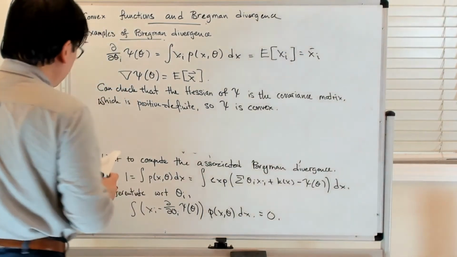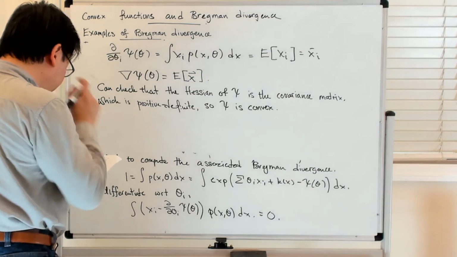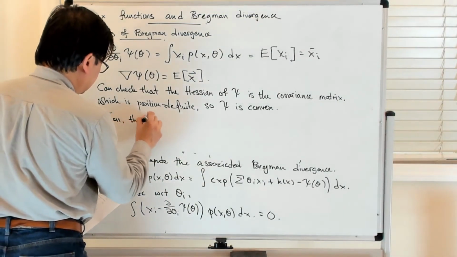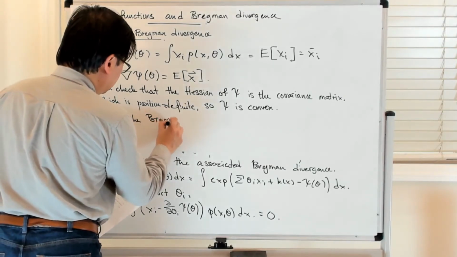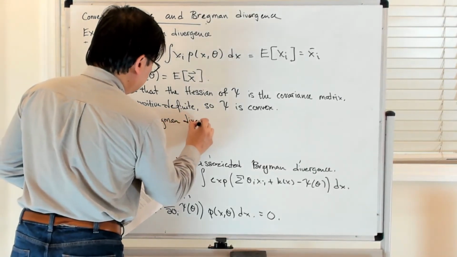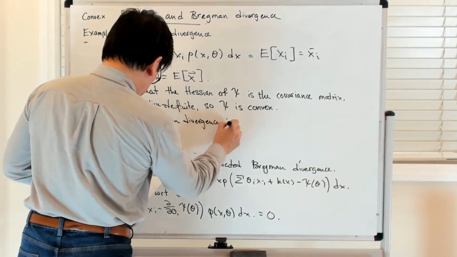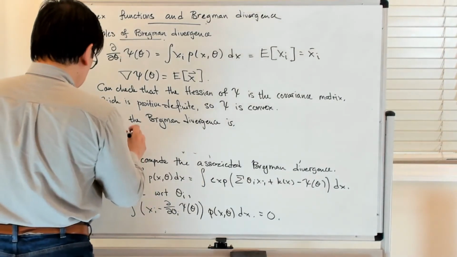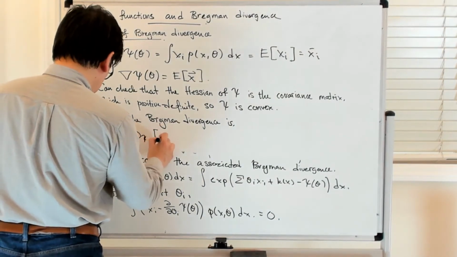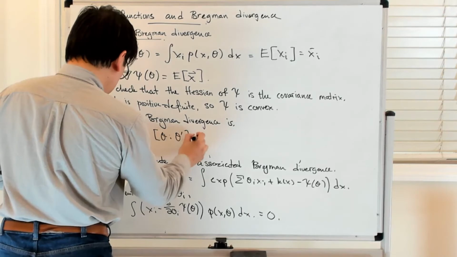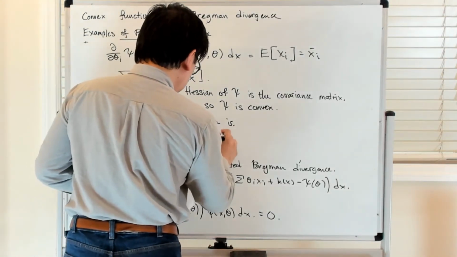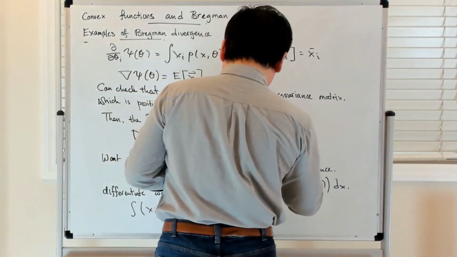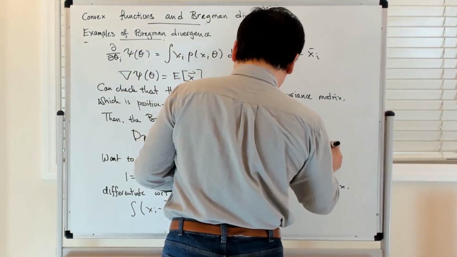Okay, then with that, you can construct the Bregman divergence, right? It's just defined by this, more generally speaking.